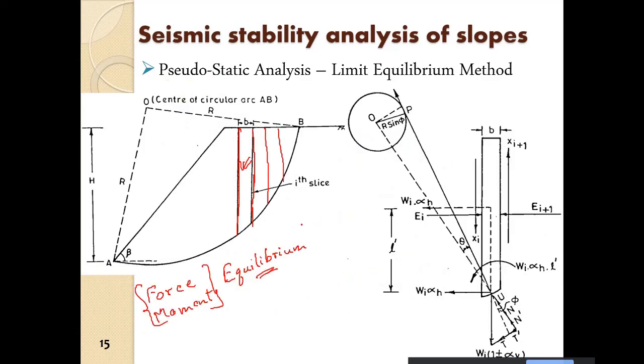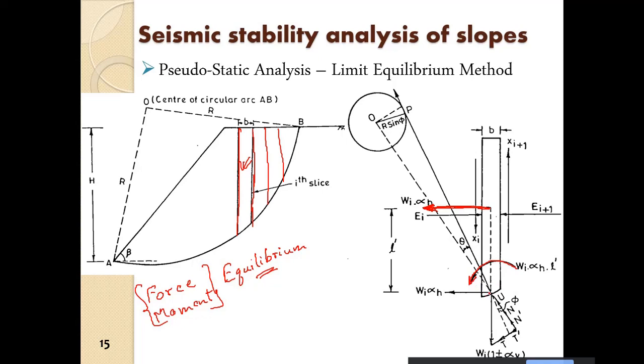So here also, to include the earthquake forces, one inertial force is added in the horizontal direction, and that particular inertial force also induces a destabilizing moment.